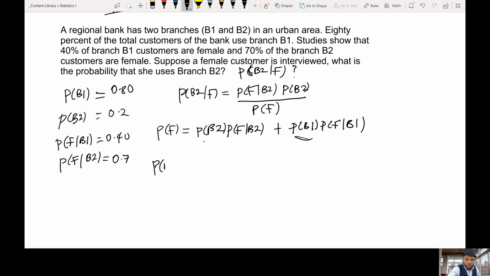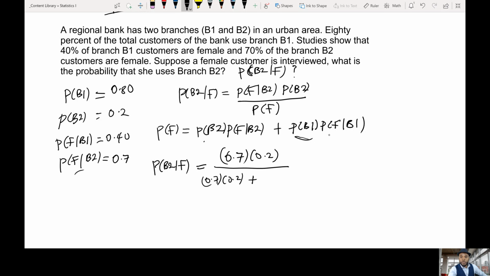The probability of B2 given female, which is the probability that she uses branch B2, is equal to 0.7 times the probability of B2, which is 0.2, no, B2 is 0.2, divided by the same thing: 0.7 times 0.2 plus, oh, I flipped it.